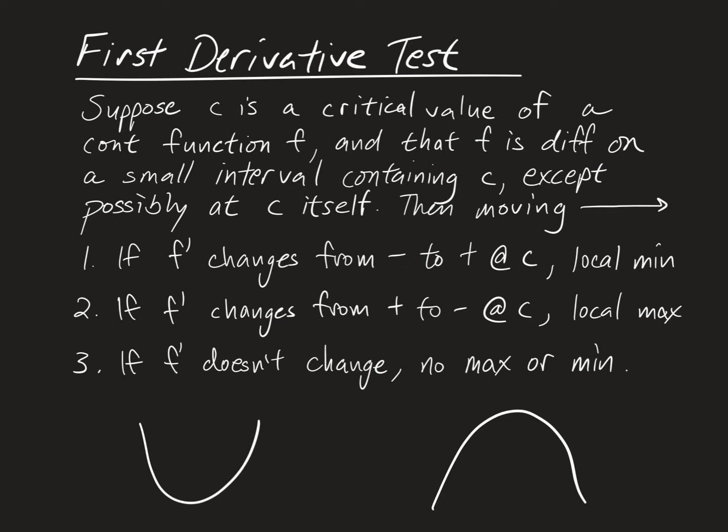And this is helpful in context with what you saw on the last slide, because if we can find out where the intervals are increasing or decreasing, or in other words, where the derivative changes from negative to positive, negatively sloped lines to positively sloped lines, then we can find a min or a max. So take, for example, f graphed at the bottom of this slide on the left.